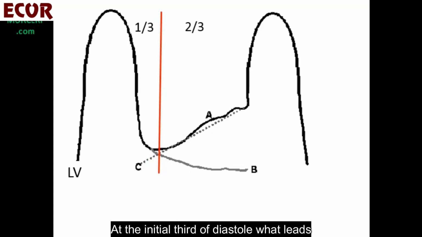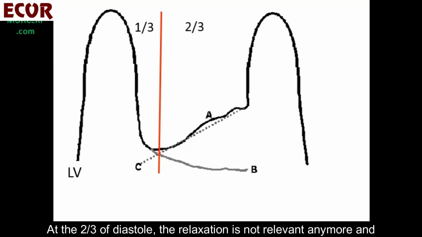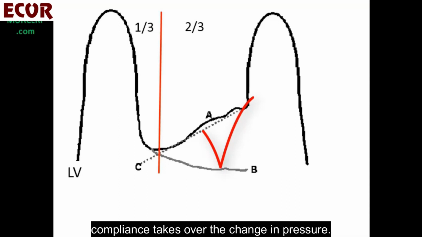At the initial third of diastole, what leads the pressure change is basically relaxation. Compliance is not essential at this moment. At the last two-thirds of diastole, the relaxation is not relevant anymore, and compliance takes over the change in pressure.